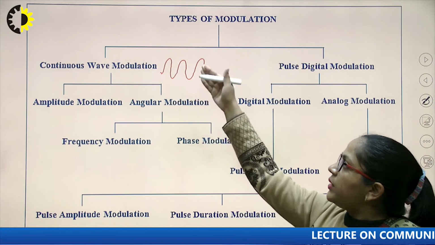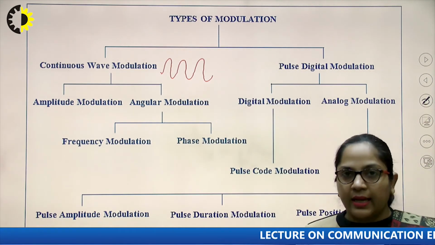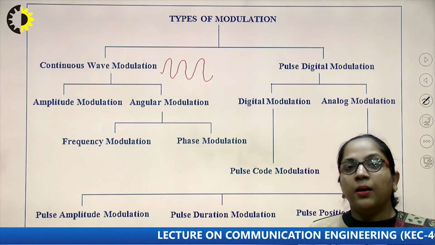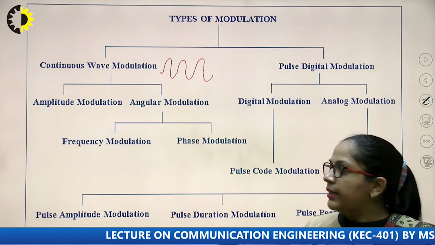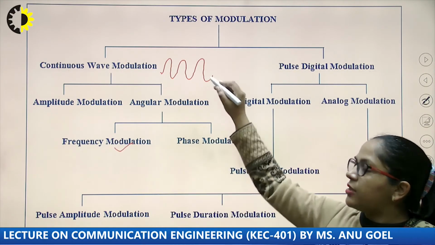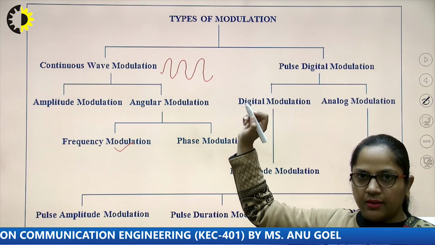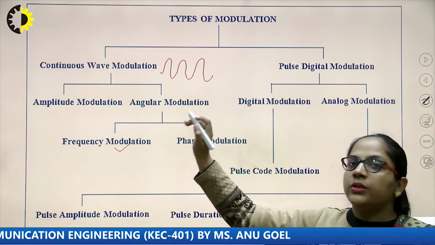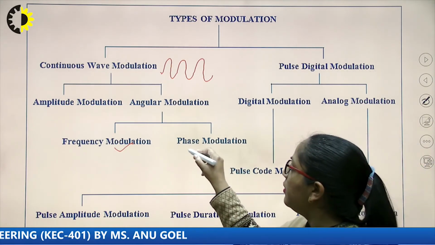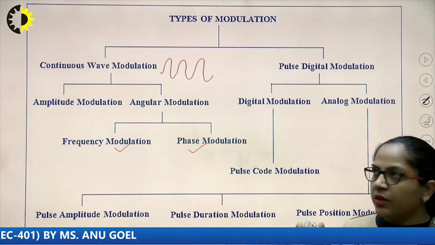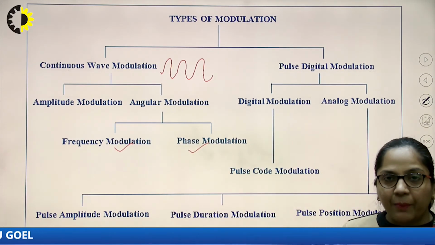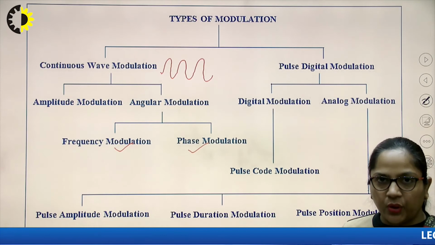If the frequency of this high frequency carrier wave varies according to the instantaneous value of the message signal or the information signal, then it will become frequency modulation. If the phase of this high frequency carrier signal varies according to the instantaneous value of the message signal, then it will be called phase modulation. Basically, these are the three basic types of modulation: amplitude, phase and frequency modulation.